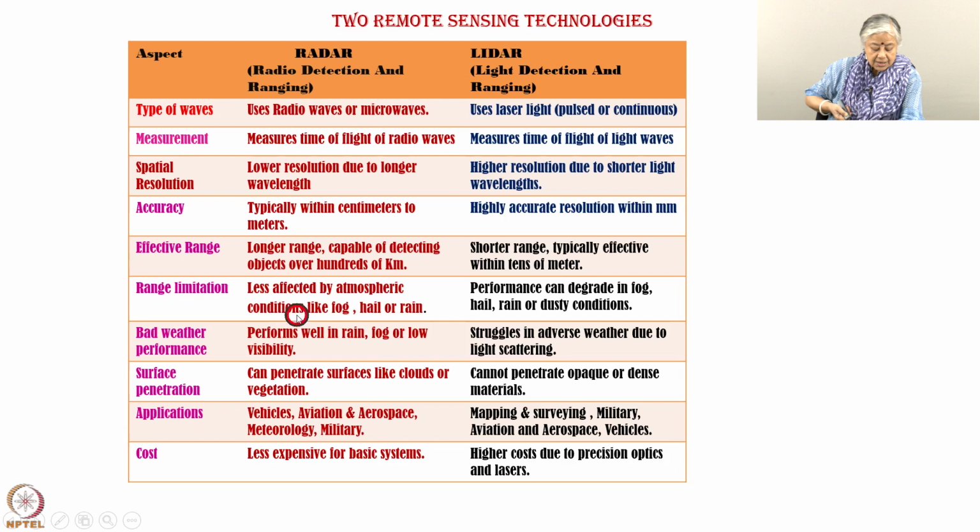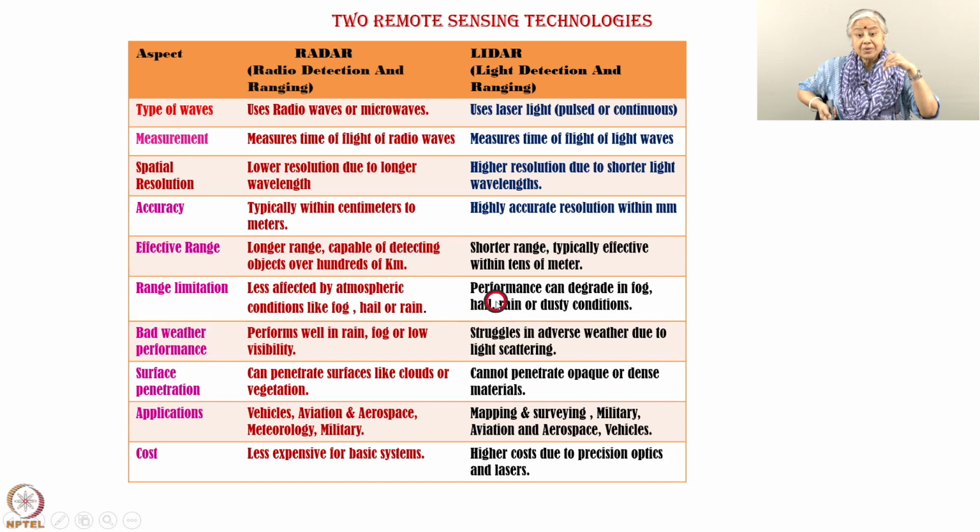Range of the radar is less affected by atmospheric conditions like fog, hail or rain, while in case of LiDARs, performance can degrade in fog, hail, rain or dust conditions. You can understand this from the previous lecture: there will be too much scattering. The fog, rain, hail particles are big enough to cause a lot of scattering, and your LiDAR light cannot pass through them.